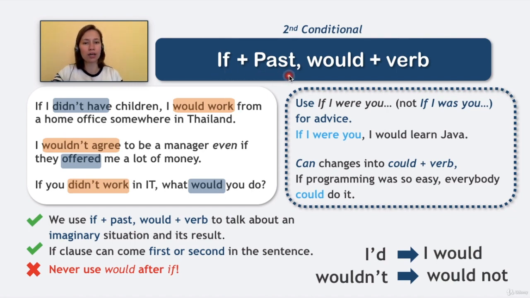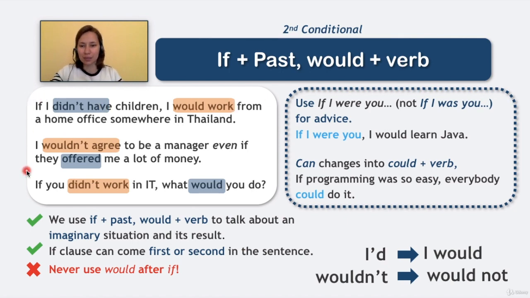So if plus past, and in the second part of the sentence, when you speak about the result of this condition, you are going to use would plus verb. And this verb is used in the infinitive. So just would and the infinitive of any verb that you need.